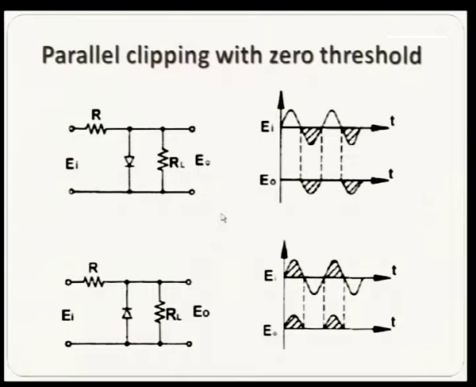Elaborately, we have discussed the clipping circuits in the previous lecture. And in today's lecture, another such application of the diode we are going to see, that is a clamping circuit. For this also a diode is used.